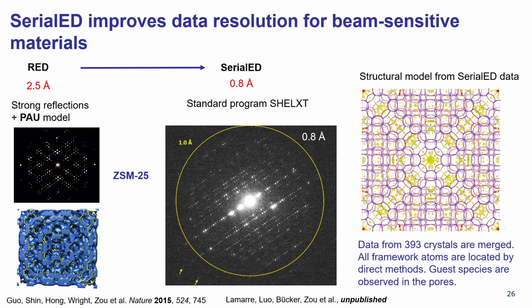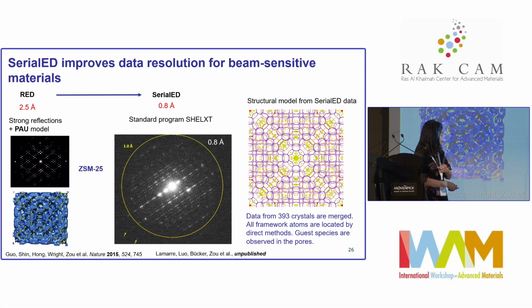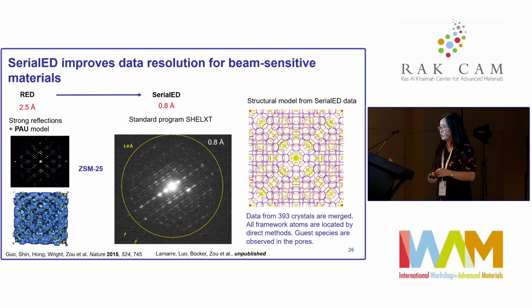For example, this zeolite we mentioned before: if you use just the 3D electron diffraction data, the resolution was 2.5 angstrom, but if you use zero ED data, you can get to 0.8 angstrom, because you put all electrons into one image. And then you can combine many different images together to solve the structure. So in this case, we used 393 different crystals to get one structure.